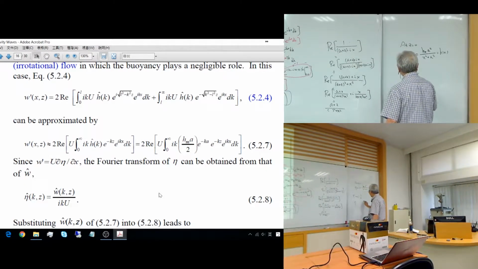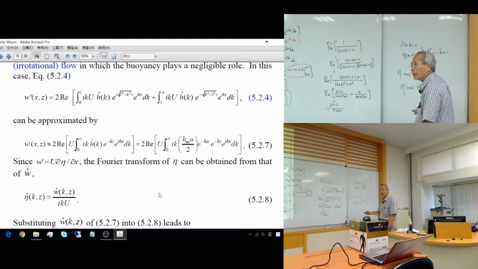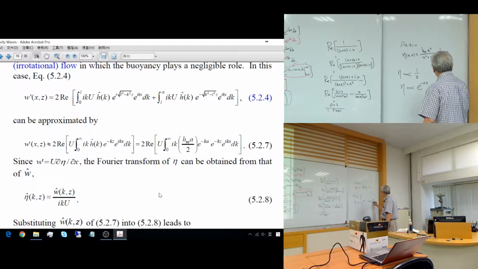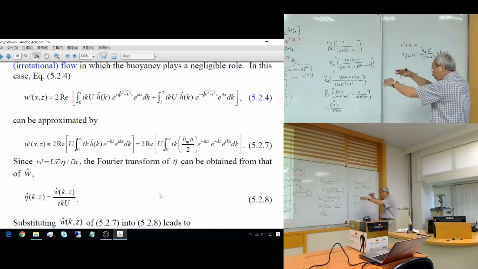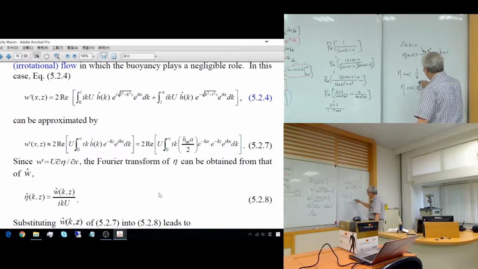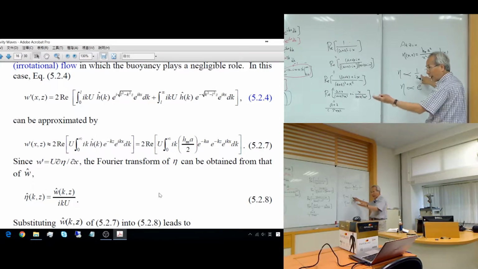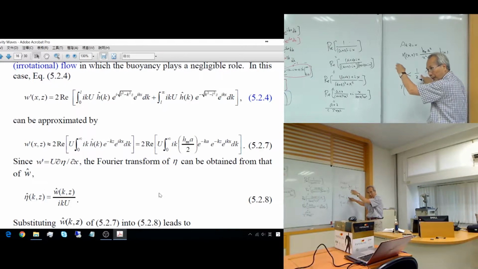Before, when we had the sinusoid mountain, it was proportional to e to the minus alpha g, something like this. That's the solution we had before, for the sinusoid mountain. The disturbance reduced quickly to 0 exponentially, but here it's just algebraically reduced with height.